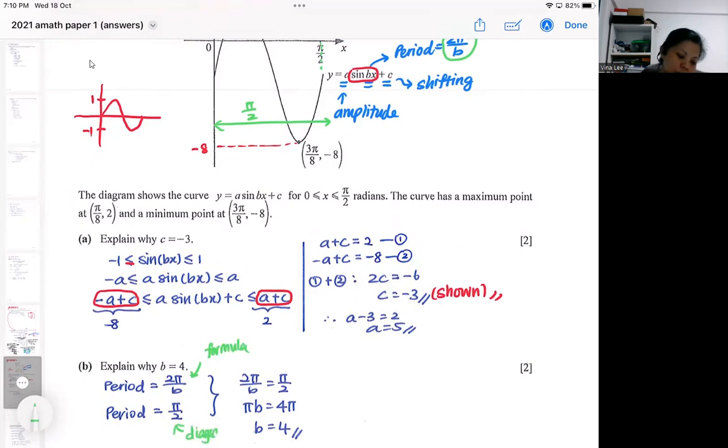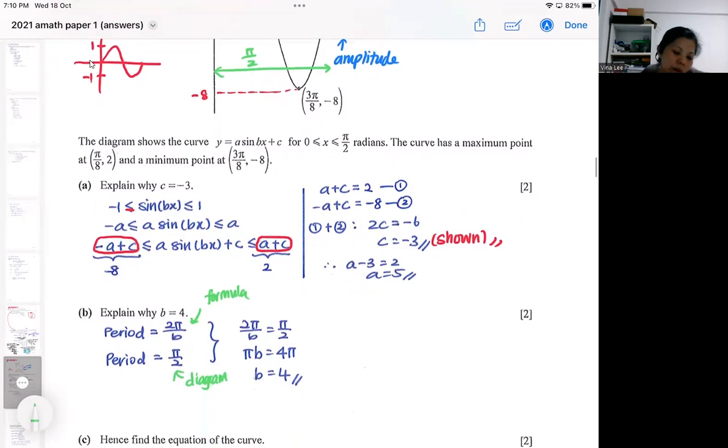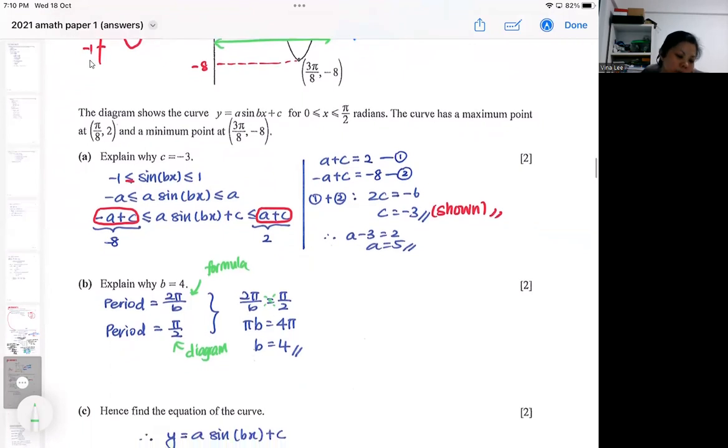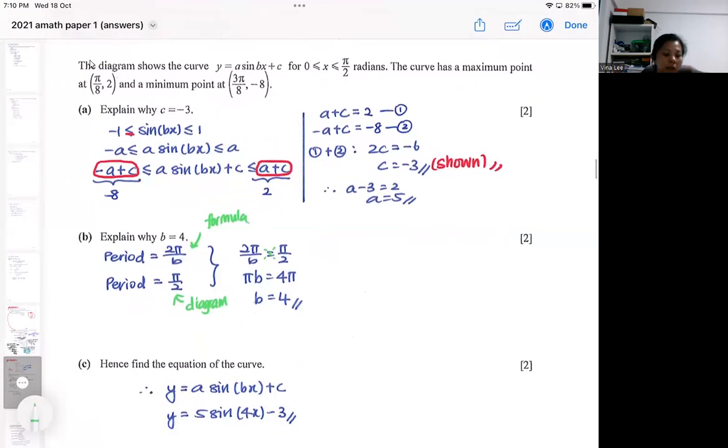I will equate the formula and whatever period I get from the diagram, then you can cross multiply. That's how you get B equal to 4. That one is quite outright. Then, because you already have your A, B, C, that will just be the equation of the curve.